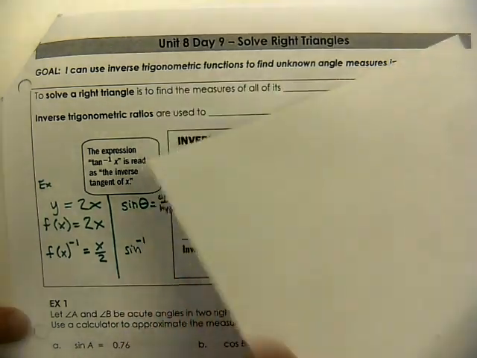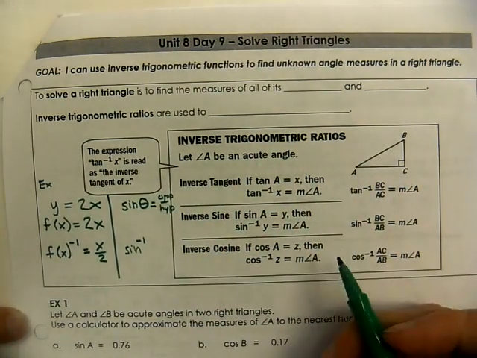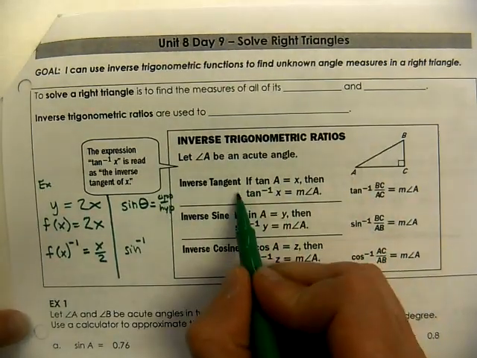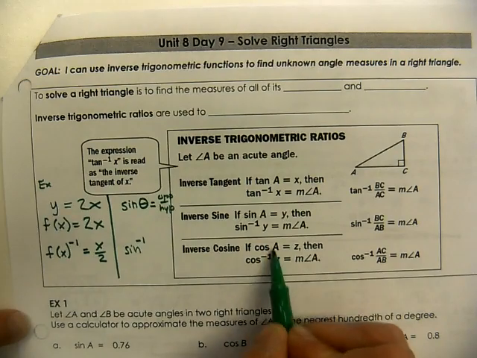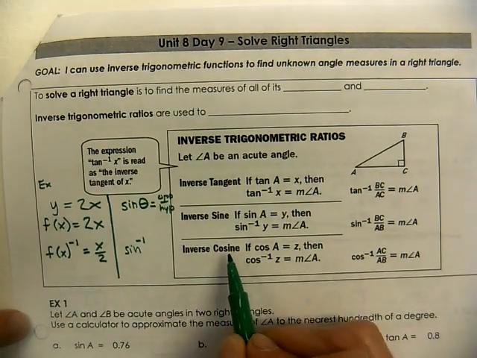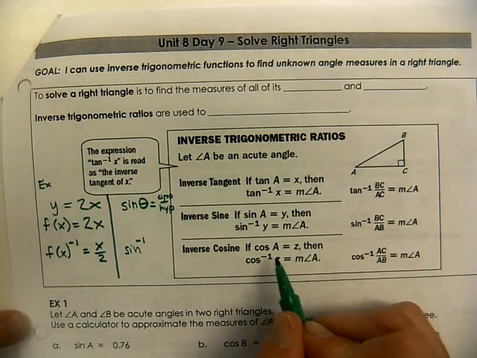Look at that. This is a bit of a mess here. This is just copied from, I think, our textbook. But that's what you see here. This is tangent inverse. This is sine inverse. This is cosine inverse. You can call it either inverse cosine, or I'll take cosine inverse. But don't call it cosine to the minus 1, because it's not an exponent.